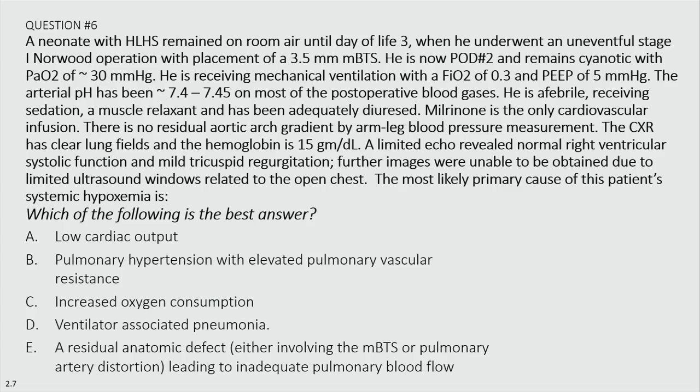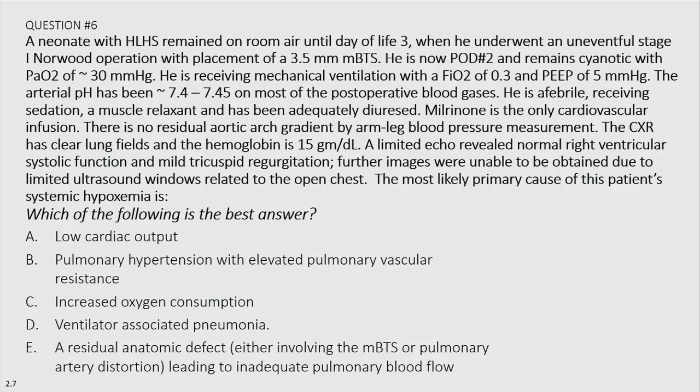There is no residual aortic arch gradient by arm and leg blood pressure measurement. The chest X-ray has clear lung fields, and hemoglobin is 15 grams per deciliter. A limited echo revealed normal right ventricular systolic function and mild tricuspid regurgitation. Further images were unable to be obtained due to limited ultrasound windows related to the open chest.